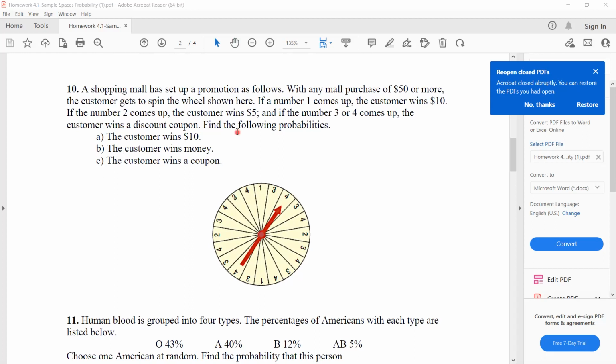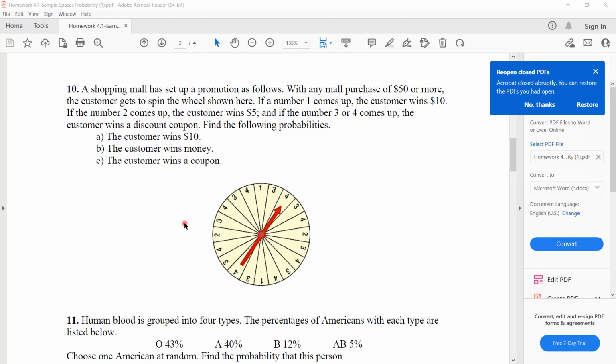How many sections? 20. It has 20 sections, right? Now, what does it take for the person to win $10? They have to get a 1, right?